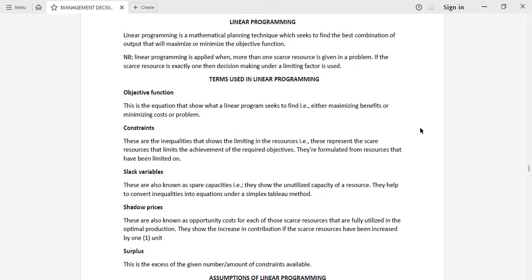With linear programming, what we are going to look at here is not very direct, like what we did at level 1 when we were doing the quantitative techniques paper, especially when we are interpreting some of these aspects, because at level 1 we used to just make computations and we didn't analyze the results that we've got.